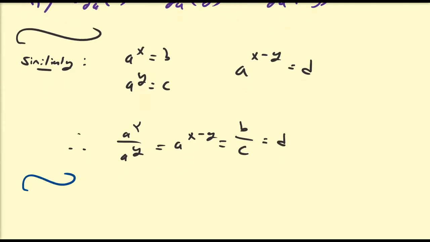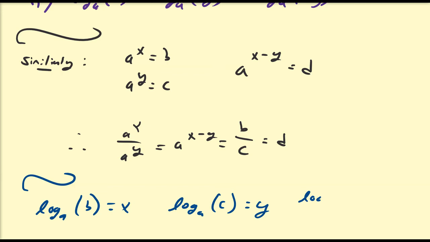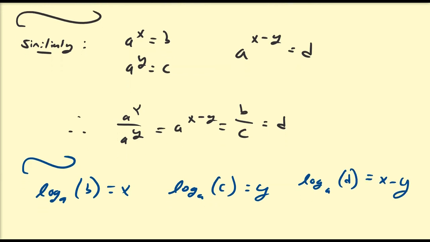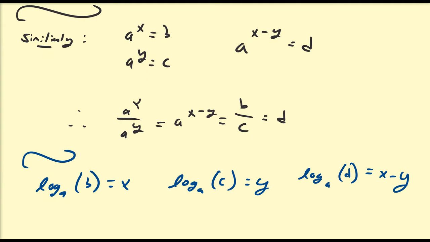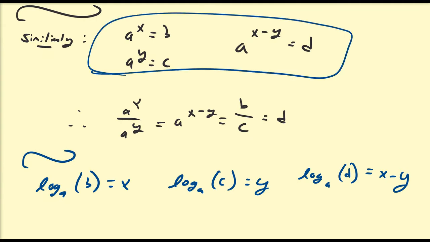So we can define, similarly as before, log base a of b to be equal to x, log base a of c to be equal to y, and the log base a of d to be equal to x minus y, right? That comes directly from these expressions.